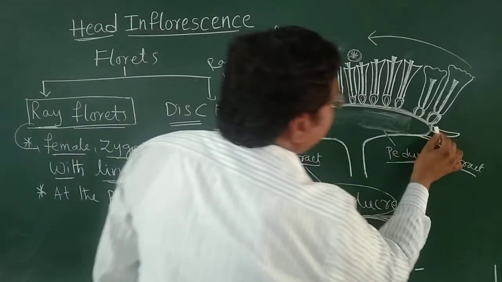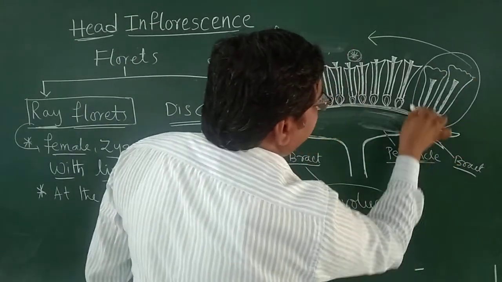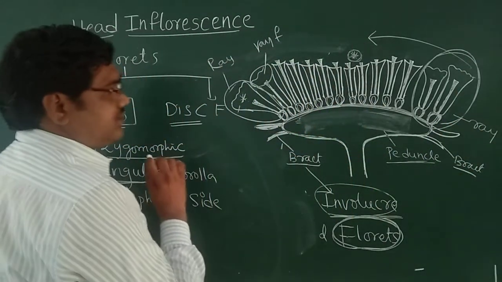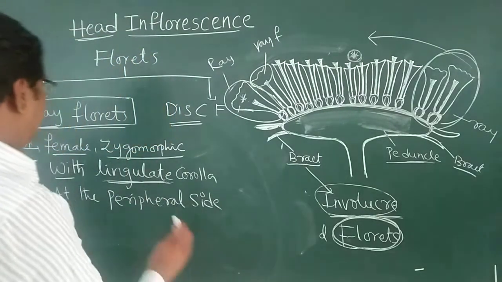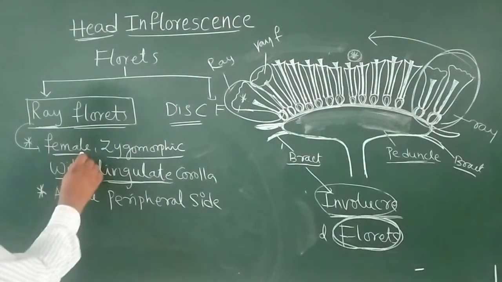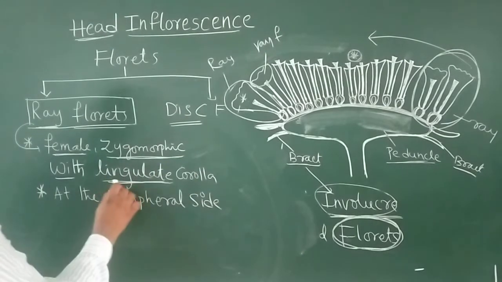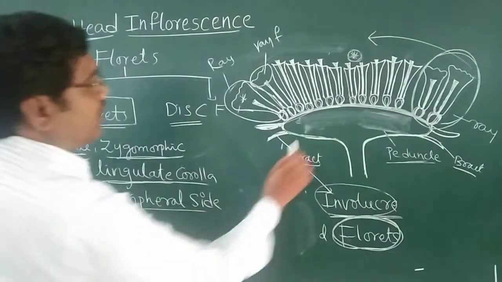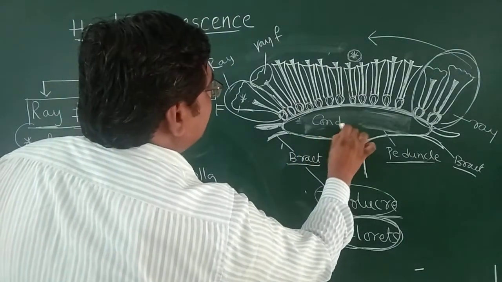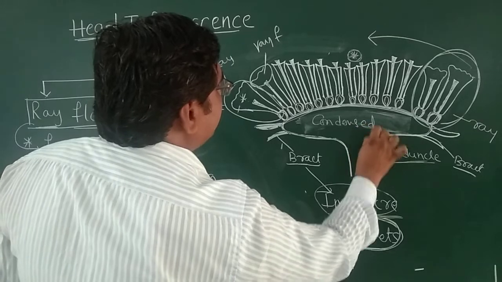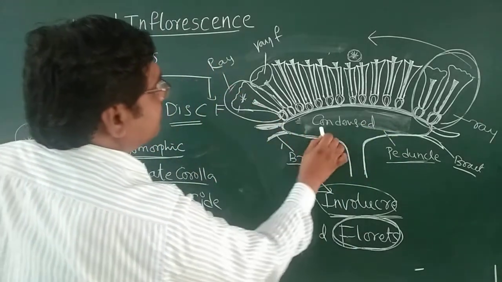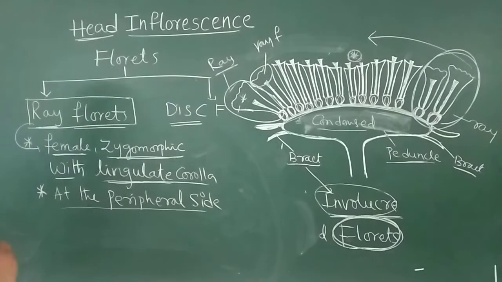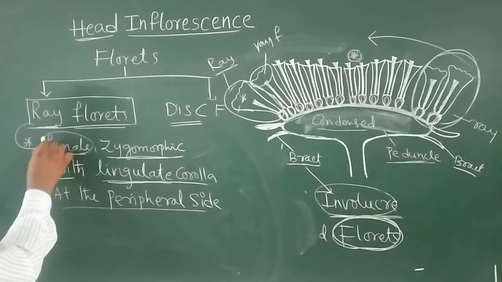This is the peripheral side where the ray florets are. The ray florets are female, zygomorphic with lingulate corolla, at the peripheral side of the condensed peduncle. So these are only female flowers.